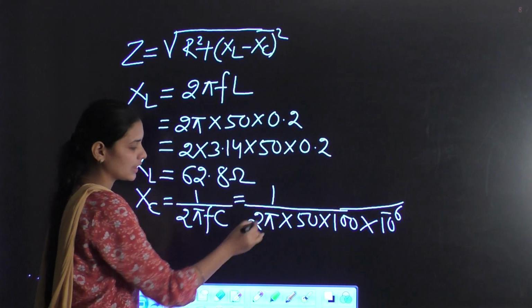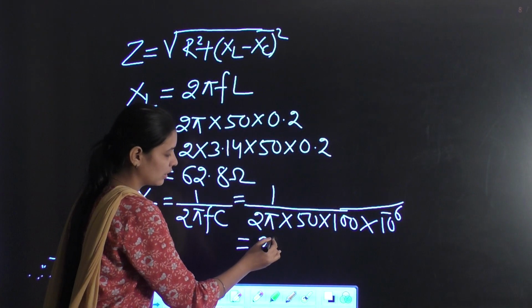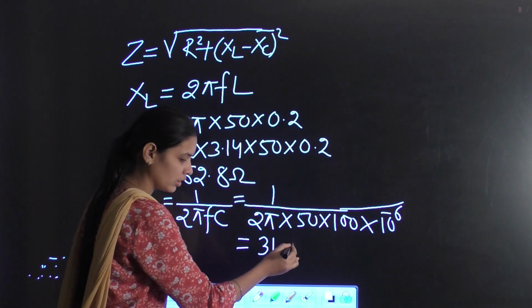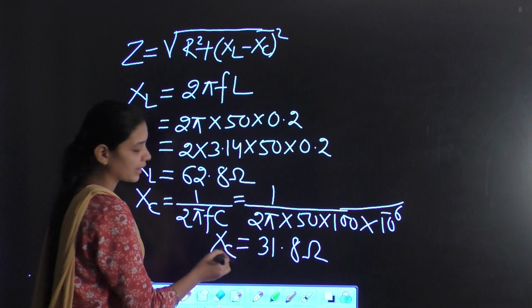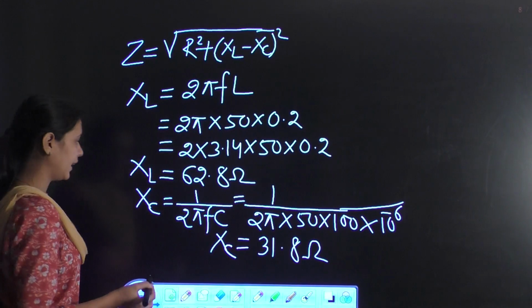After calculating this value, I get 31.8 ohms. I got the value of XC to be 31.8 ohms. Now I will calculate Z.